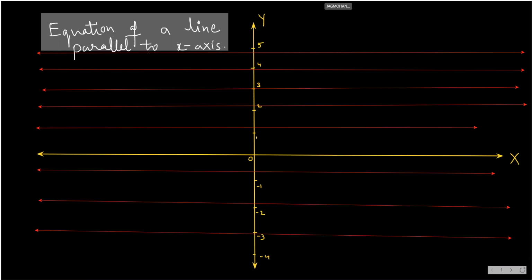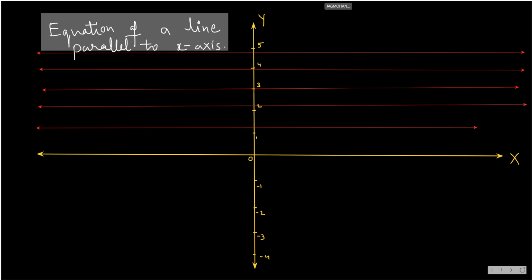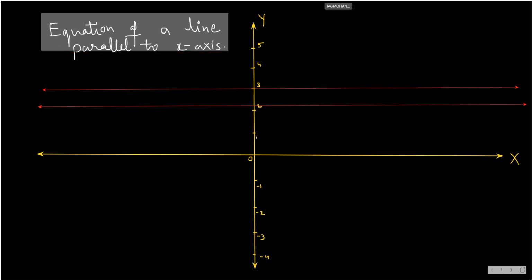These words are very important: I only know how the line is, I know it is parallel to x-axis, but I do not know where the line is, because there are infinite lines parallel to x-axis. So on what basis do I distinguish one line from the other line which are parallel to x-axis?